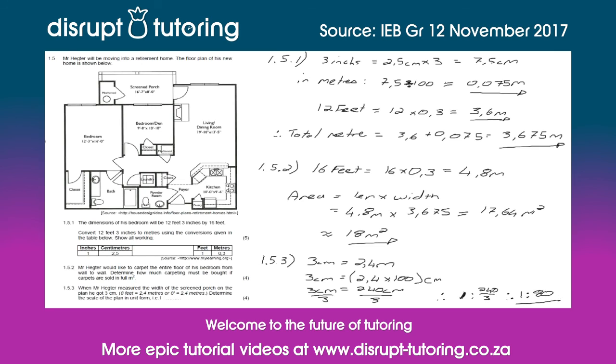So this here is the scale that they are looking for. We put 240 over 3 into our calculators and we get 80. So the scale is 1 centimeter is 80 centimeters in real life.